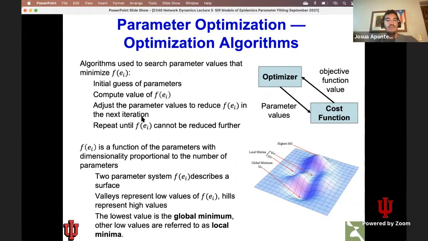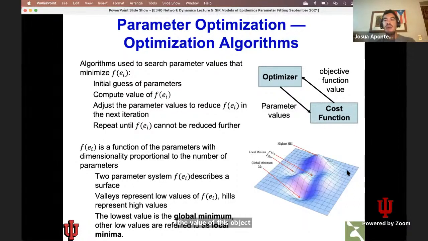Different optimization algorithms work differently, but all of them have certain common principles. They follow a routine where you start with an initial guess of the parameter values. So you choose, let's say, a point in this landscape. Then the optimizer will compute the value of this objective function.